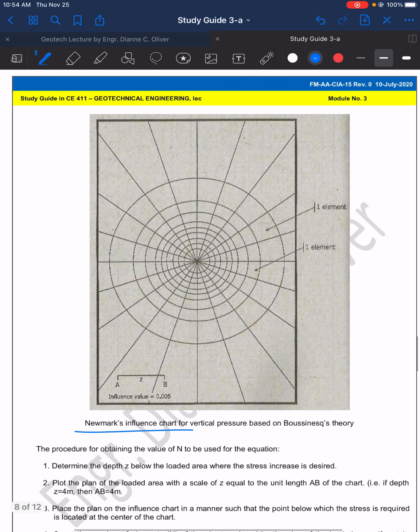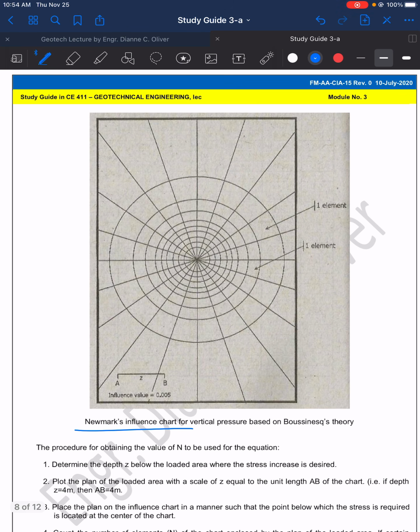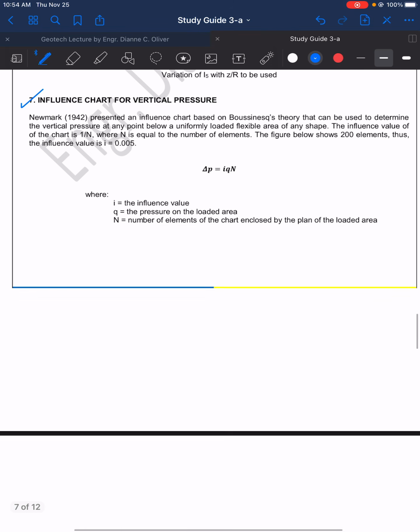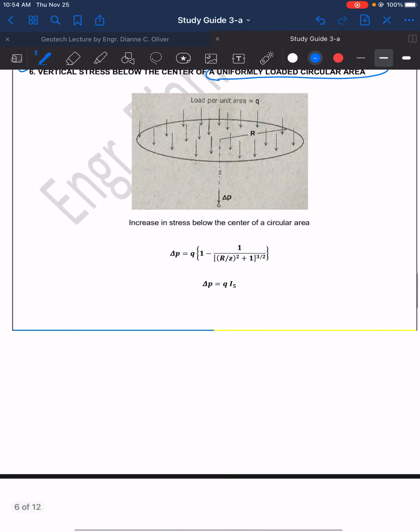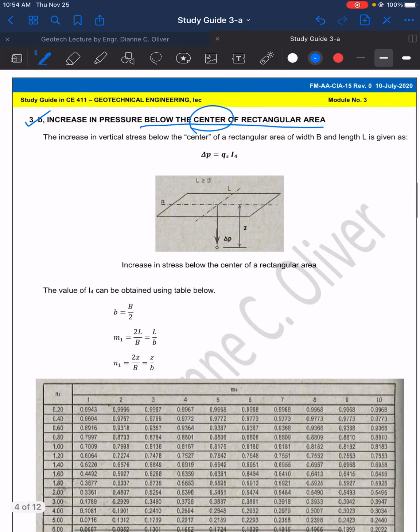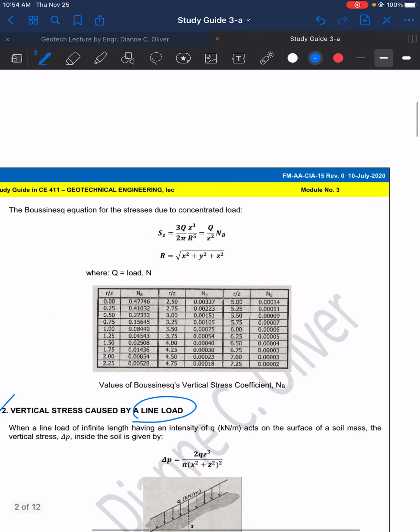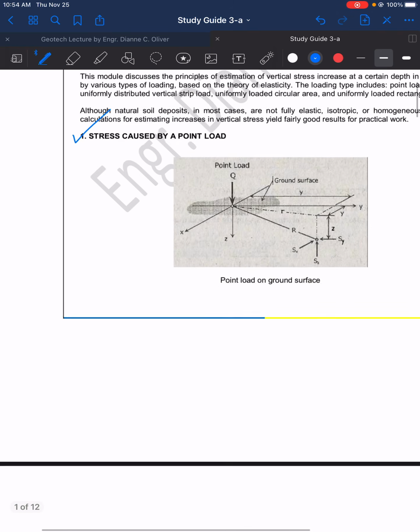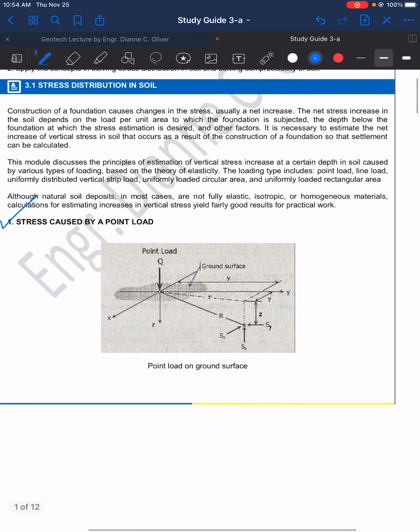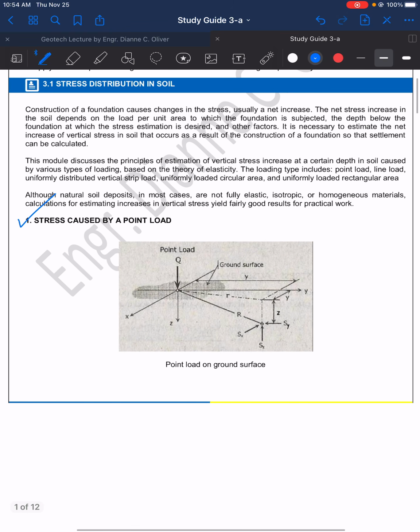So in the discussions of this video and the video to follow, we will have seven formulas that we will use to compute for the vertical stress increase. Let's start with the first one, the stress caused by a point load.